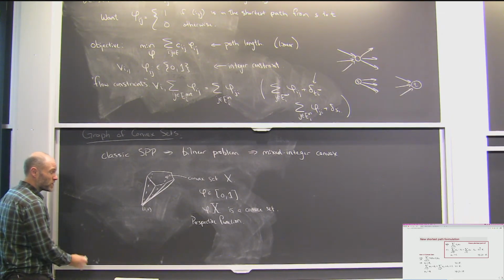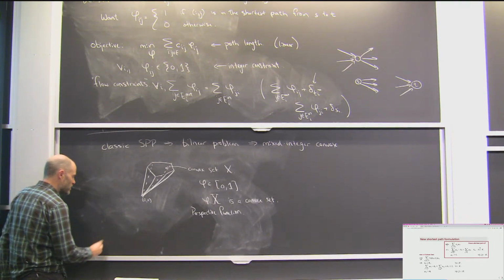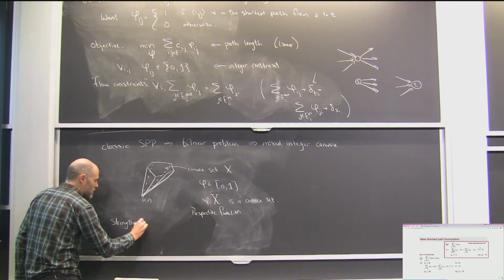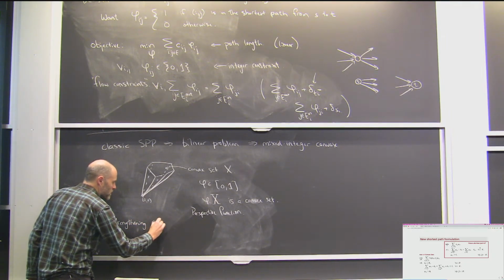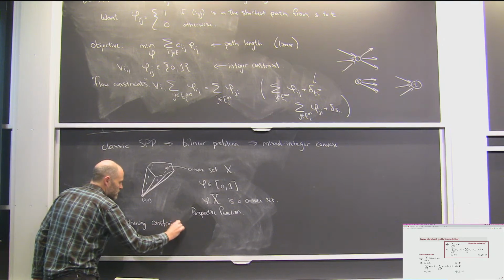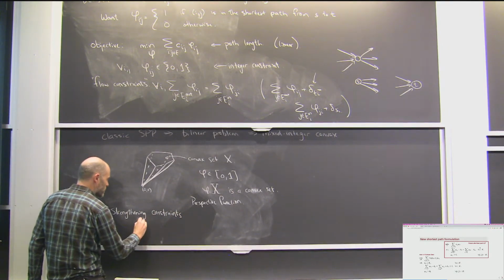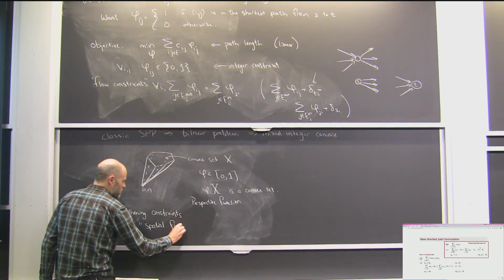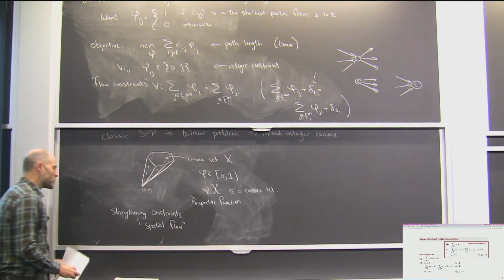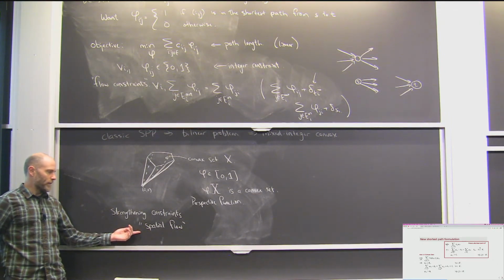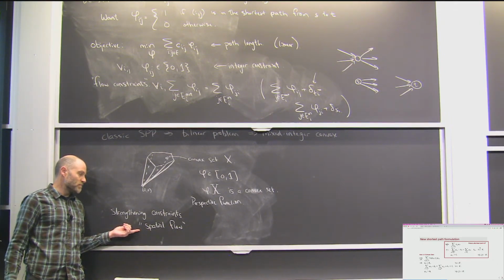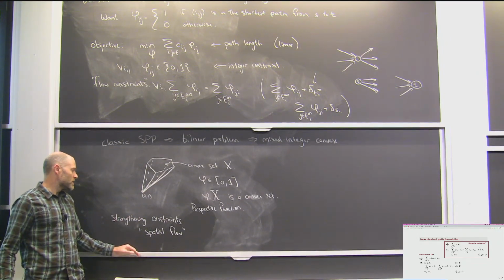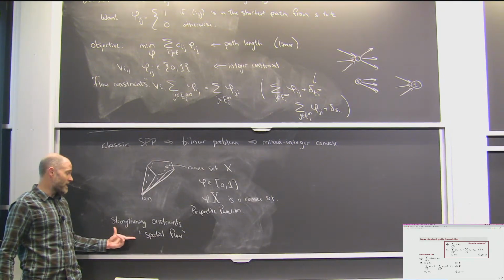There's also a bunch of additional constraints that you can write. We call the most important one spatial flow. Not funny, but they're important constraints that for the mixed integer problem are just redundant. They don't actually add anything to the formulation.